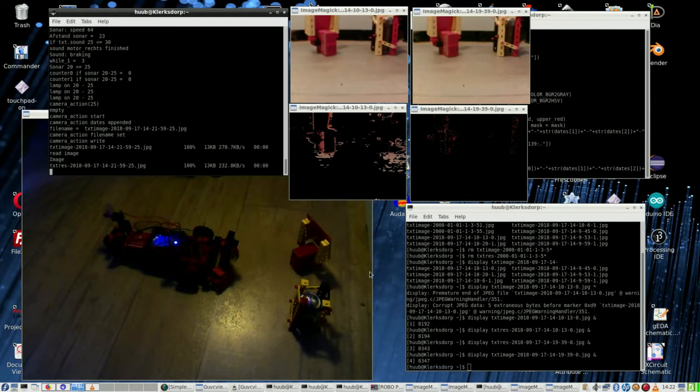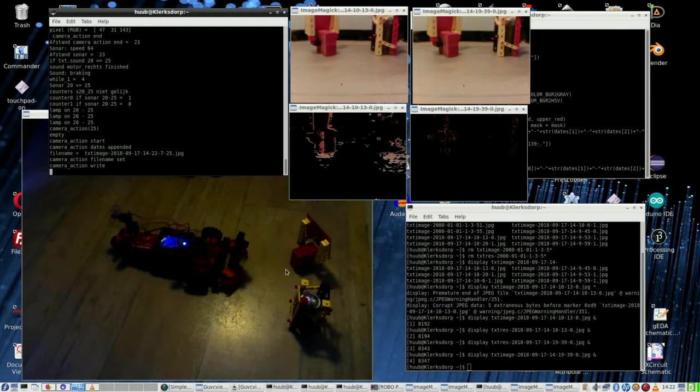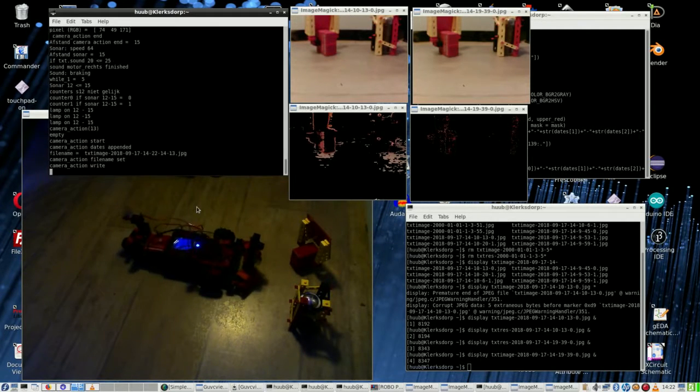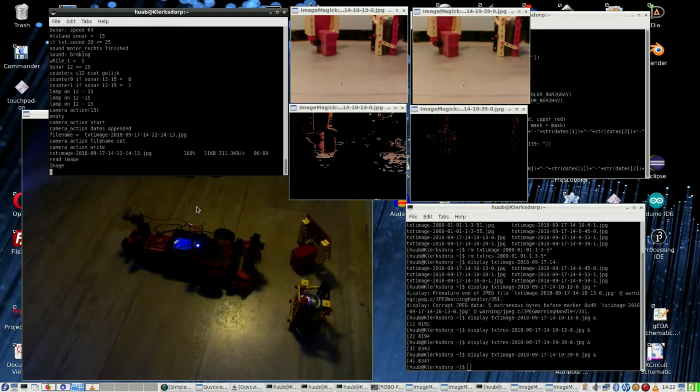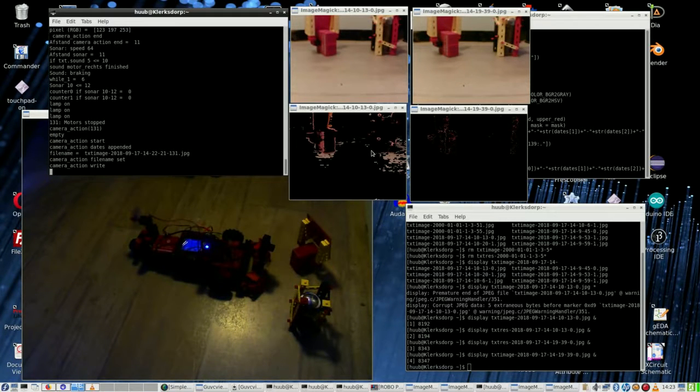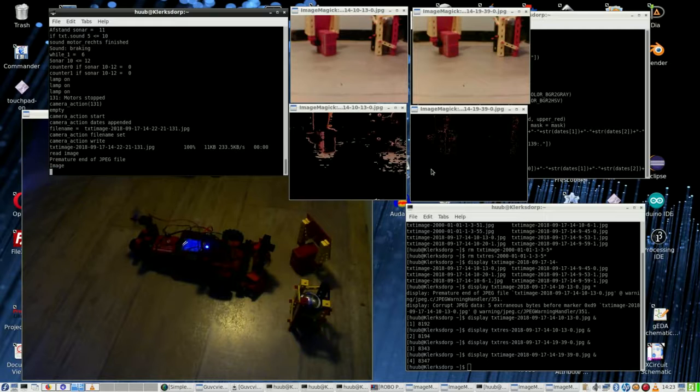But it probably measures this distance instead of this distance. Anyway, I am getting better values hopefully. So now I am slowly getting there, and I hope for nice images here.